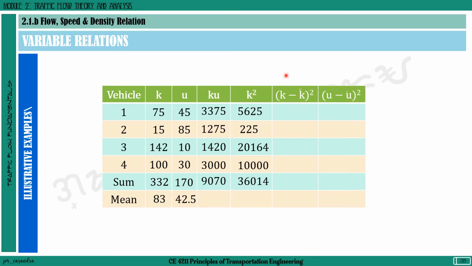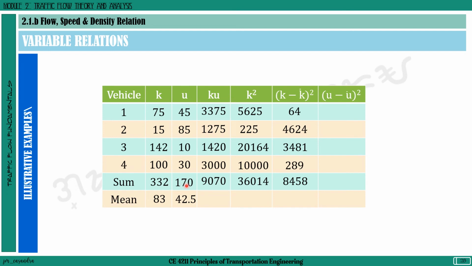Okay, so let's solve for the individual values of K minus K bar, squared. That will now be for value 1, 64, then we have 4624, 3481, 289, okay, and then for the sum, that's 8458.